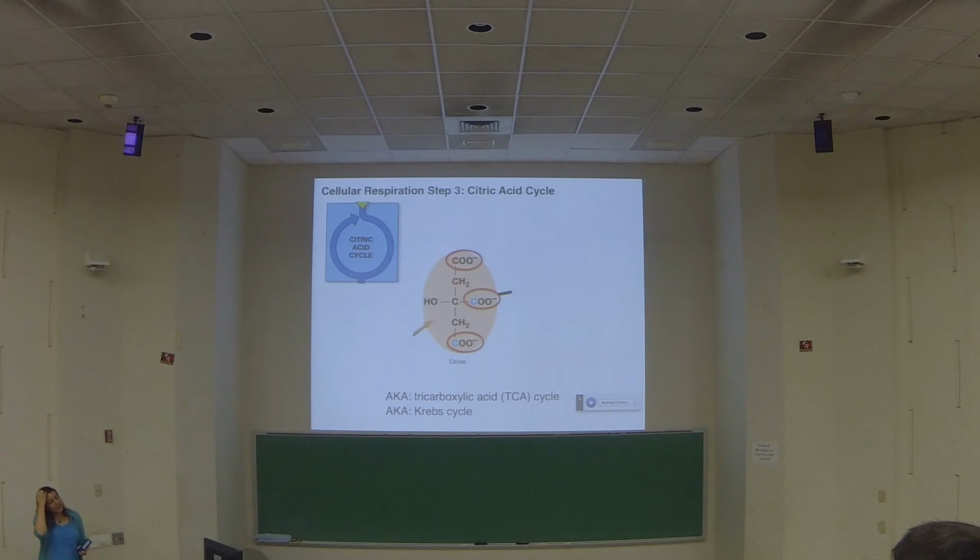It's called the TCA cycle because it's the tricarboxylic acid cycle. If we look at where we start with citrate, there are 3 carboxylic acid functional groups on that. It's also known as the Krebs cycle, after the person who first described it, so it's referred to in multiple ways.